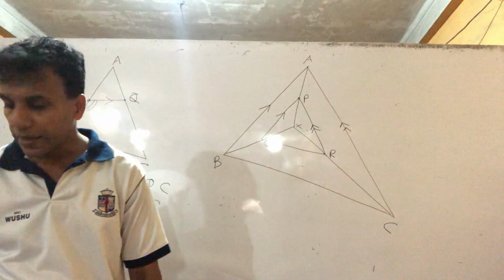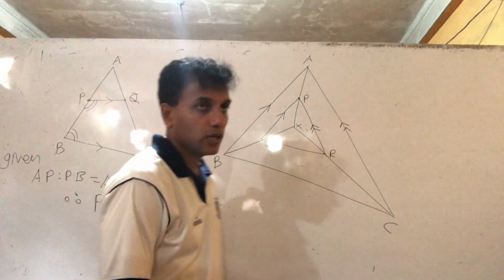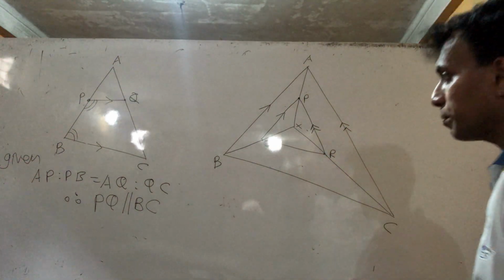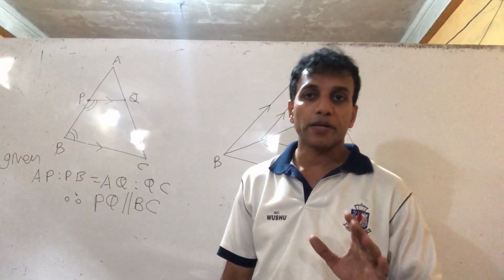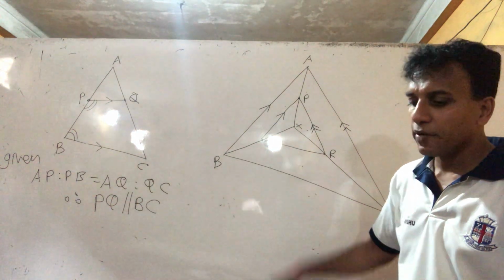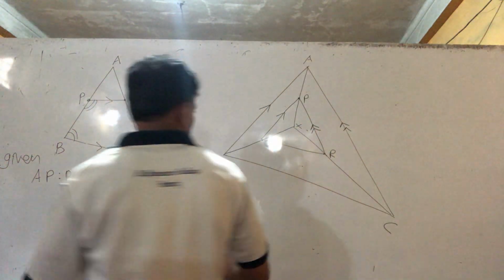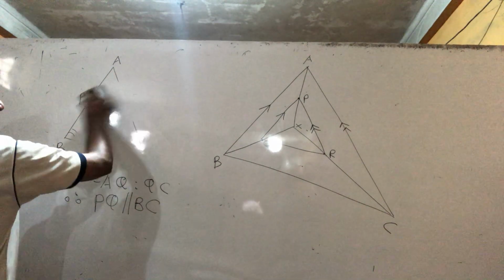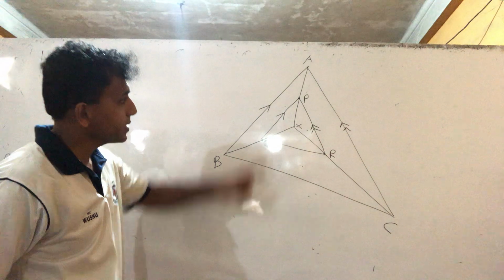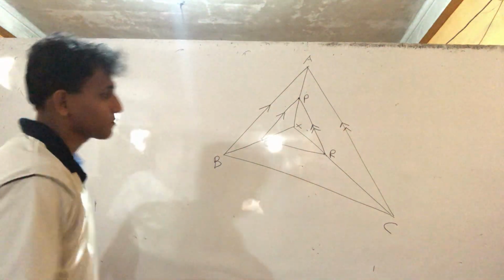Show BC and QR are parallel using our theorem: in a triangle, if a line is drawn parallel to a side, it divides the other two proportionally. So parallel is available, therefore we start the problem. Once you start, you can get the answer or part of the answer. Can I take the triangle ABX first?